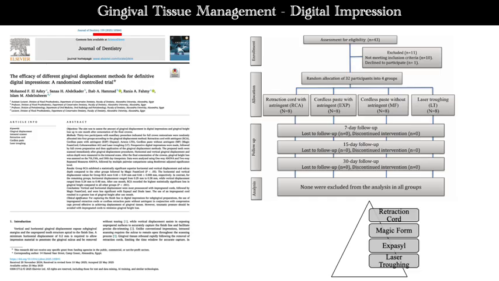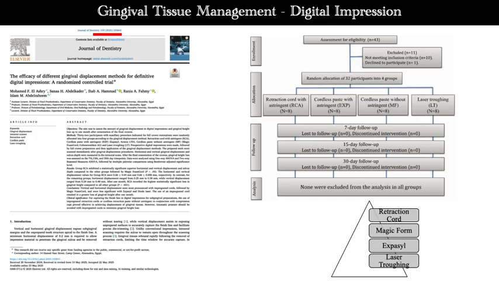Now, this study is quite valid and probably more ethical because they did a follow-up of all the participants, at the 7th day, 15th day, and 30th day. In this follow-up, they investigated the amount of gingival recession that had happened, and based on that parameter, it was shown that laser troughing gave the least gingival recession, followed by Expasyl, Magic Foam, and retraction cord.